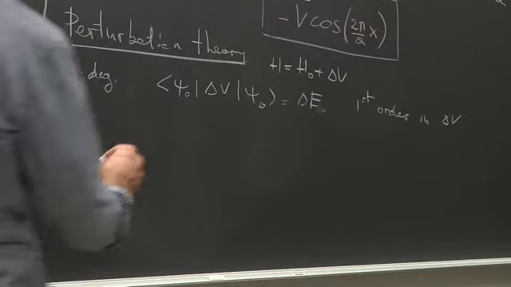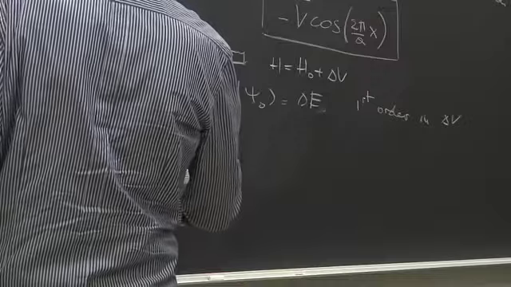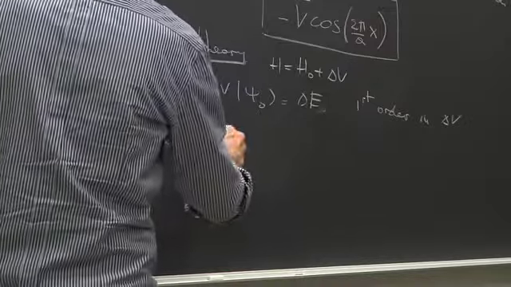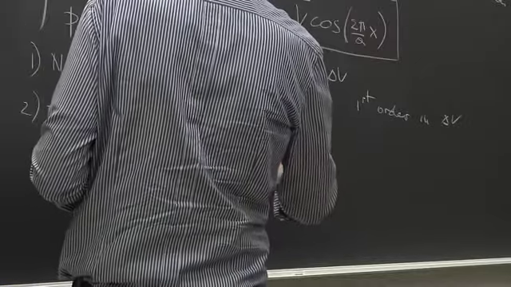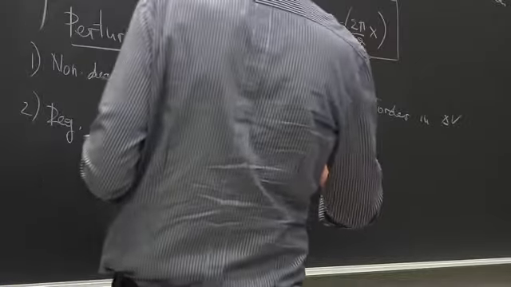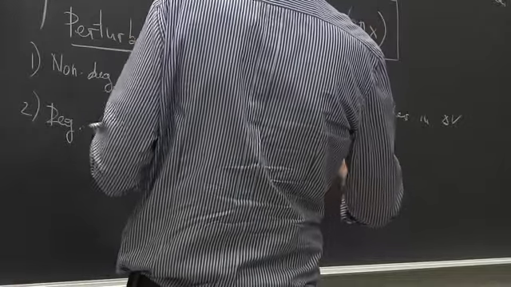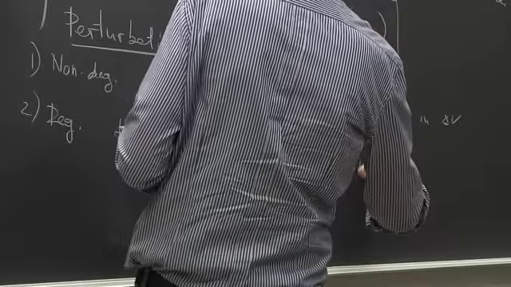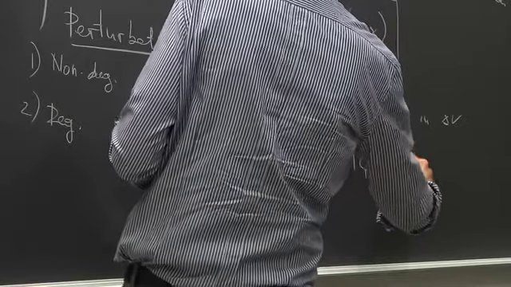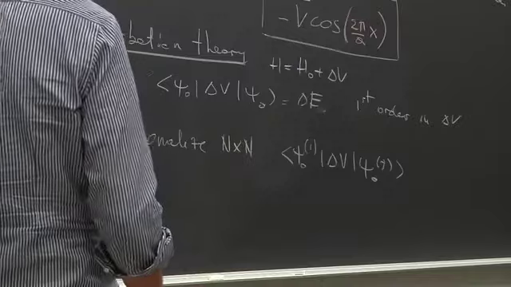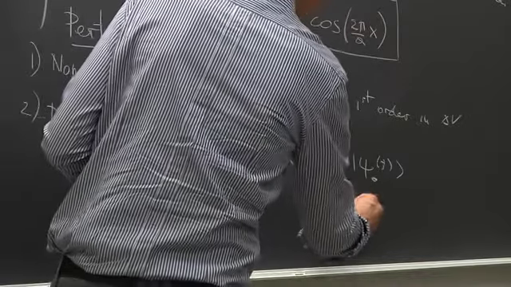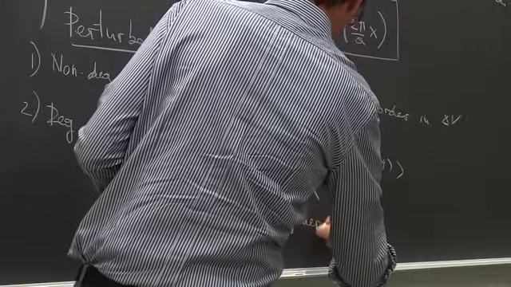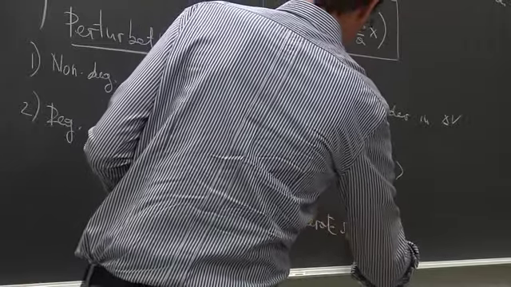So here you need to diagonalize an n by n matrix made of psi 0, now I have to put an index, of course, delta V psi 0 j, where these are degenerate states.